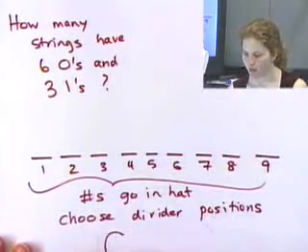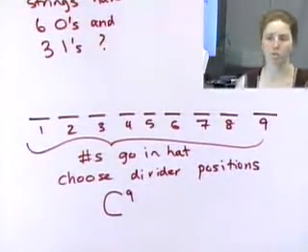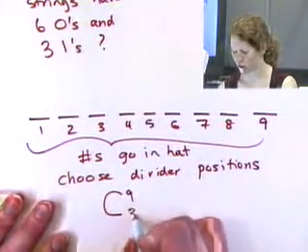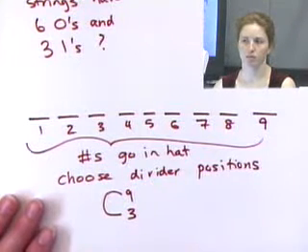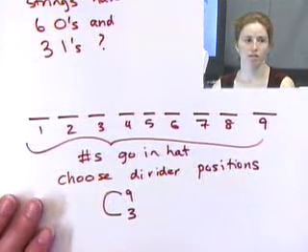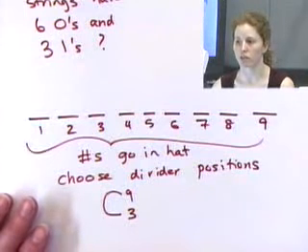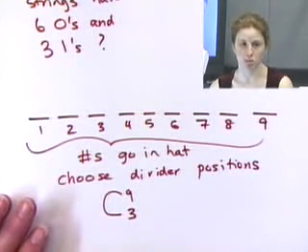So that means I have 9 things in my hat, and I don't care what order I choose them because I'm going to put a 1 in whatever numbers that I choose. I have 3 dividers, so I'm going to choose 3 of those. And now we've mapped it into a problem we know how to solve. We have a formula for this. It's the mapping that you have to do that can be confusing.